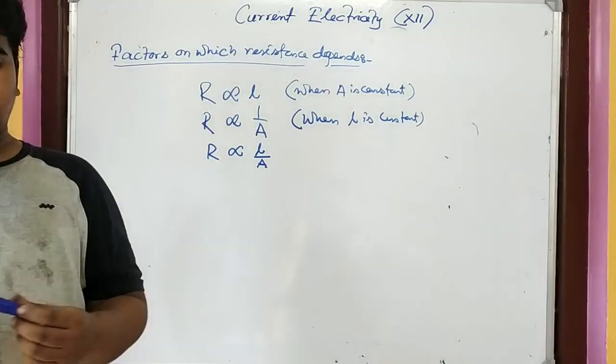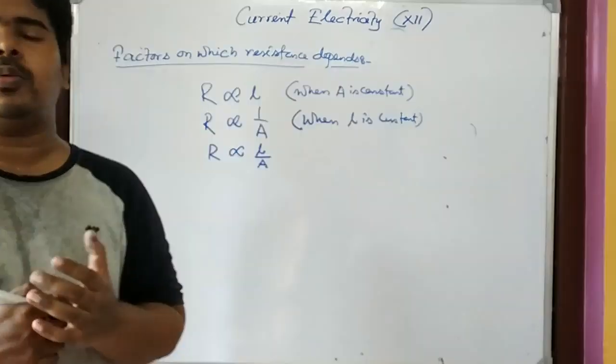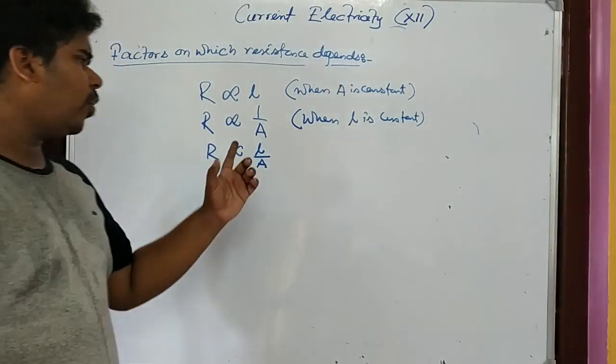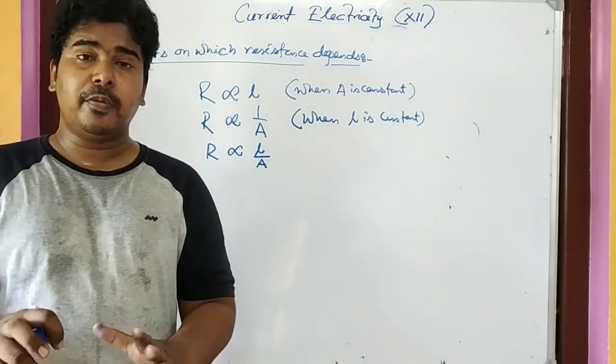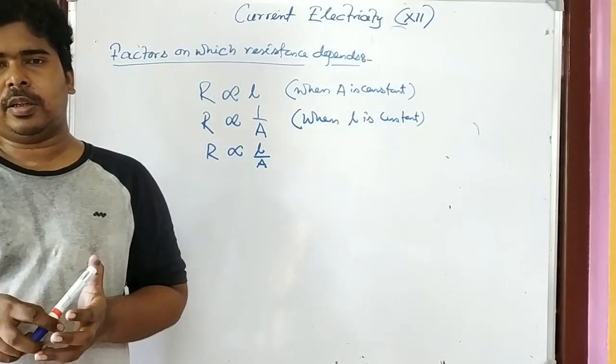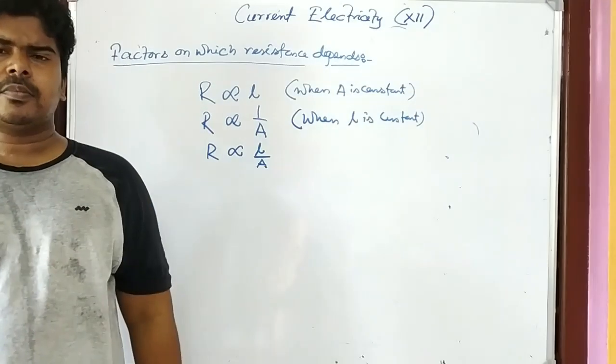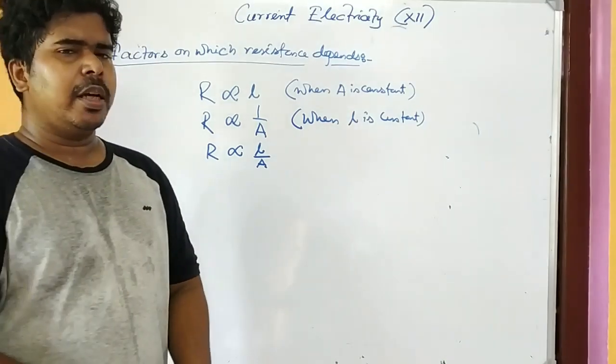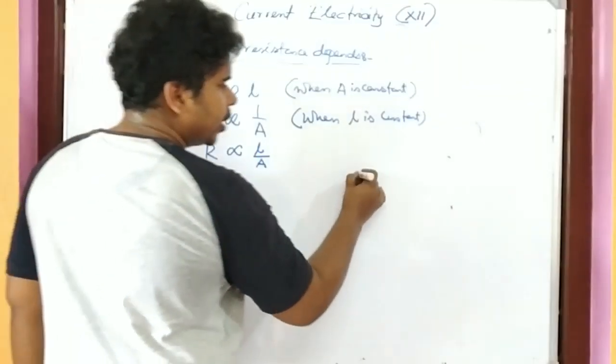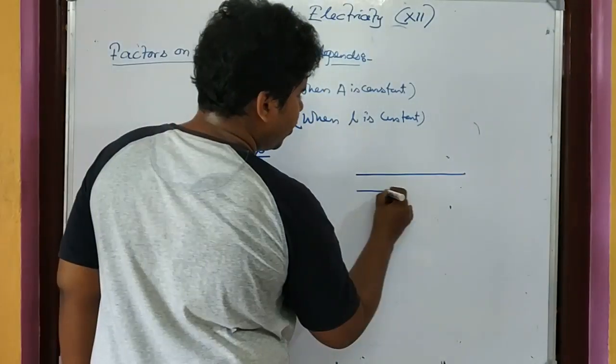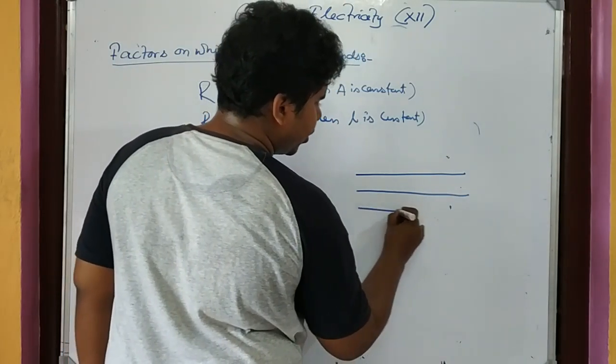Now here in class 12 you have to learn about it. Why is there a need for a constant and what is the physical significance of the constant? See, assume 3 conductors of the same length and same cross section.